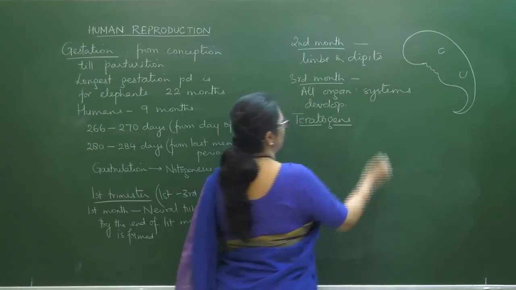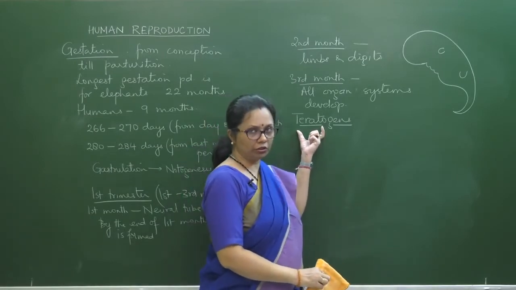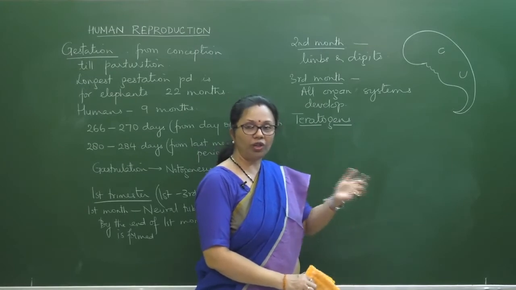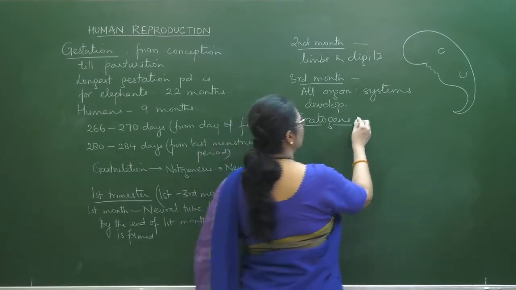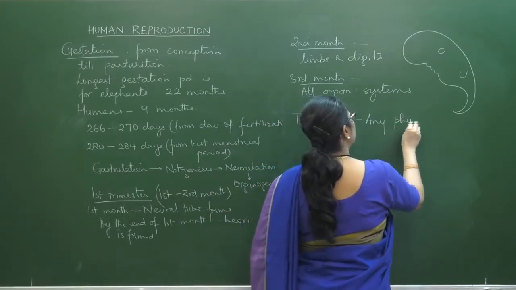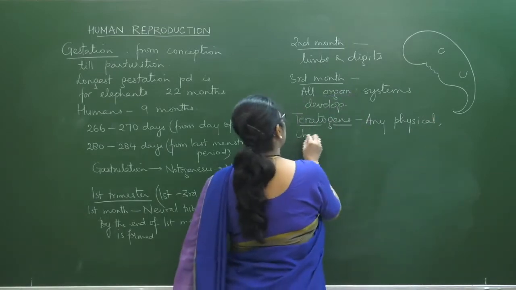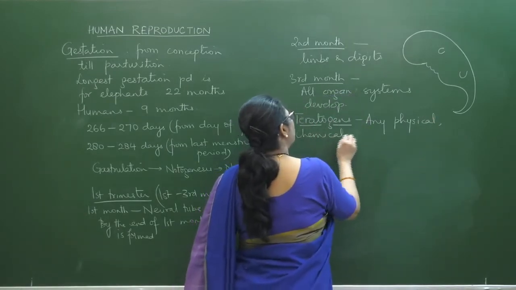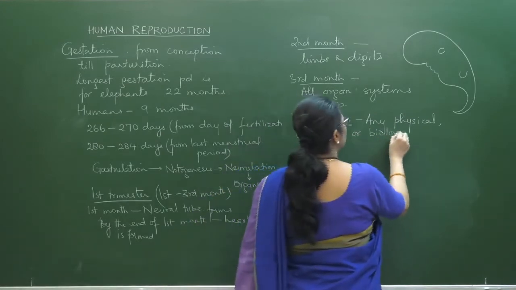Teratogens. Teratos means monster, so monster generating. It's not a monster, of course, but a defective condition in the baby. These can be of all types: physical, that is radiations, chemical, or biological, that is viruses and all, that will come under biological.